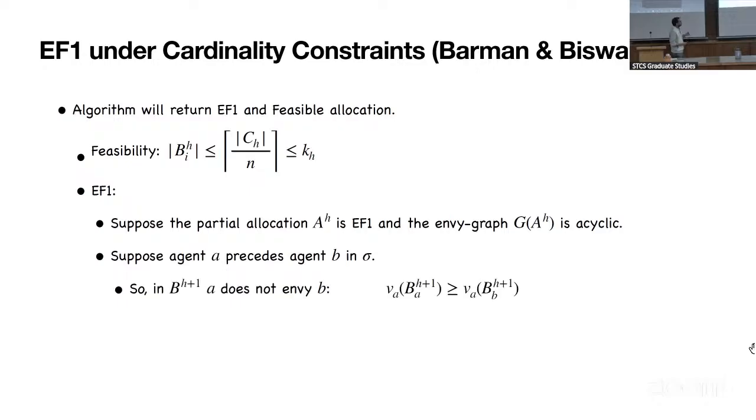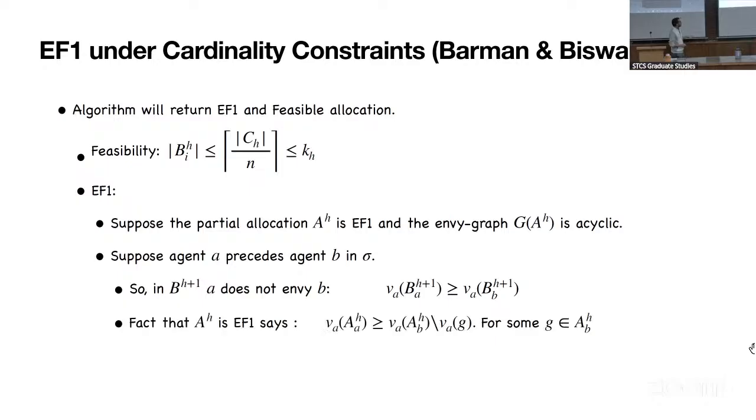Because we run round robin following this ordering, agent A will not envy B in this round robin, and in the previous allocation, because it is EF1, if agent A envies B, then the removal of one item will stop the envy.